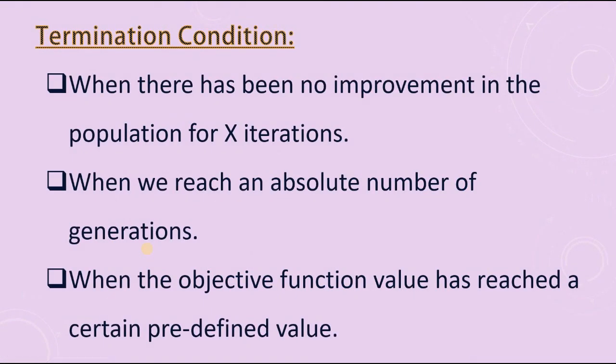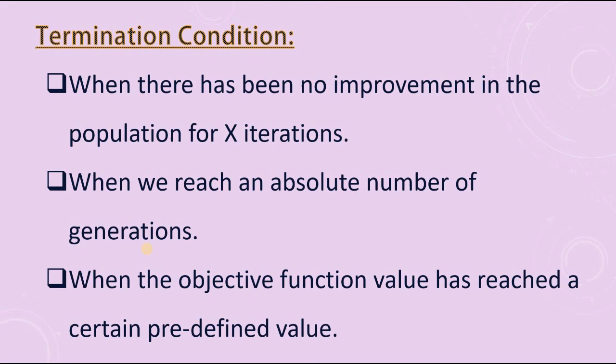There are some termination conditions where we terminate our algorithm. First, when there has been no improvement in the population for X iterations. We are doing a number of iterations, but we are not seeing any improvement in our solutions, so we terminate the algorithm. Second, when we reach an absolute number of generations.